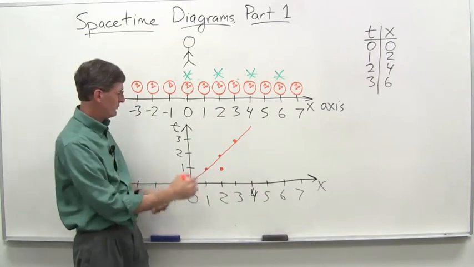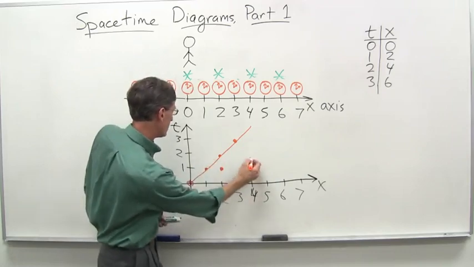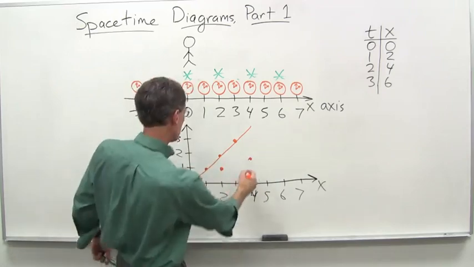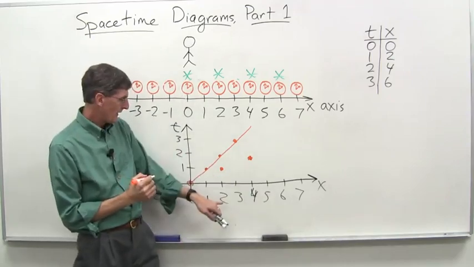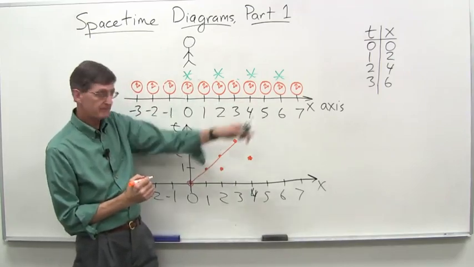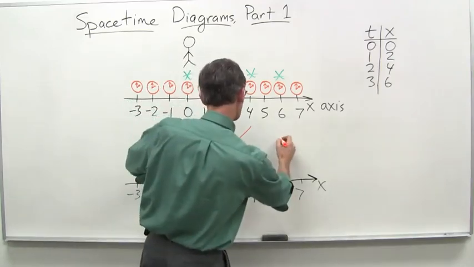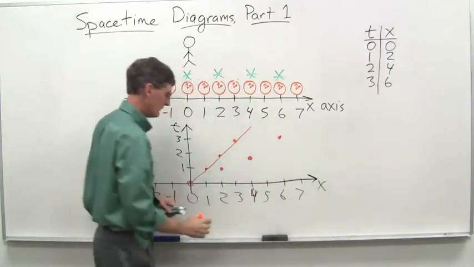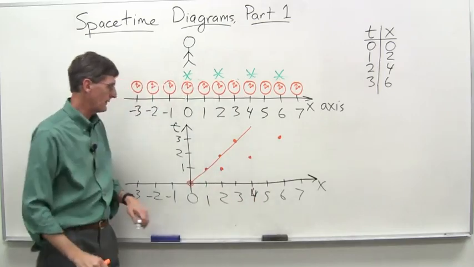And then at time t equals 2, it's going to be x equals 4. So about right there. And then at time t equals 3, it occurs at 6. So 3 over here to 6, something like that. I'll clean that up a little bit.